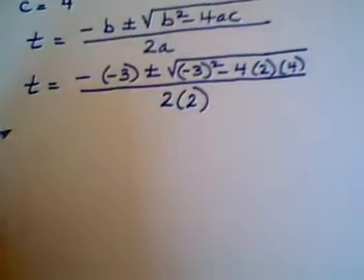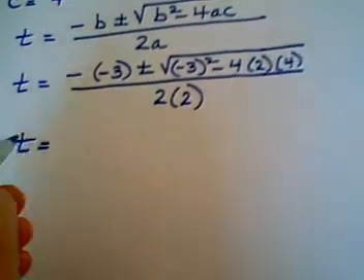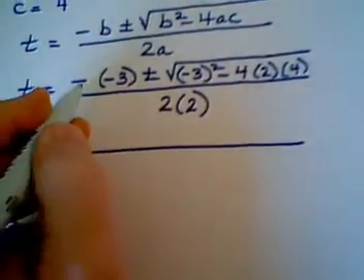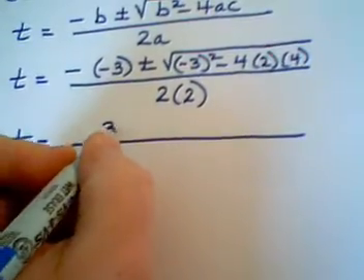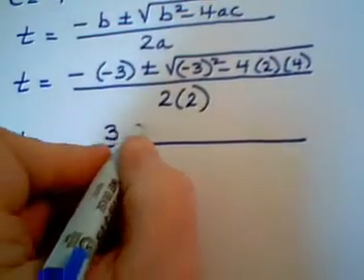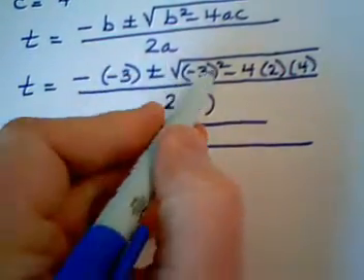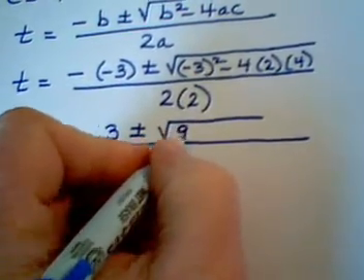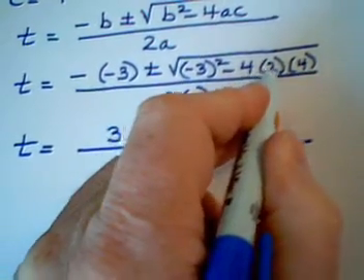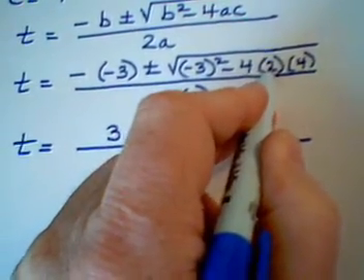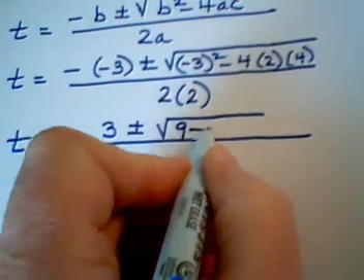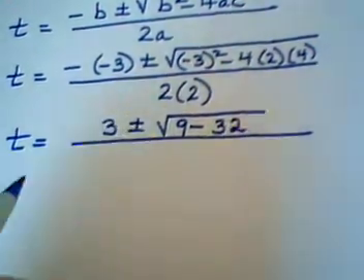And now we do our arithmetic. T is equal to, let's run my bar, opposite of a -3 is a +3, plus or minus the square root of, -3 squared is 9. -4 times 2 is -8. -8 times 4 is a -32.